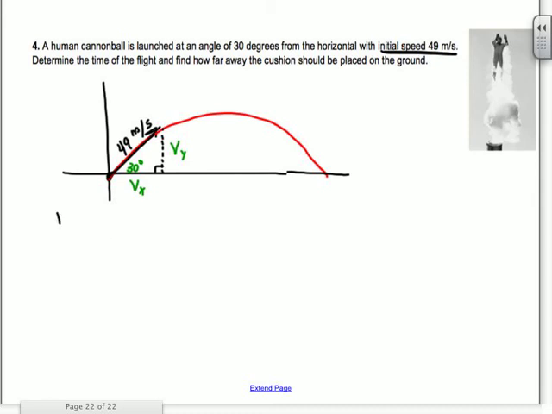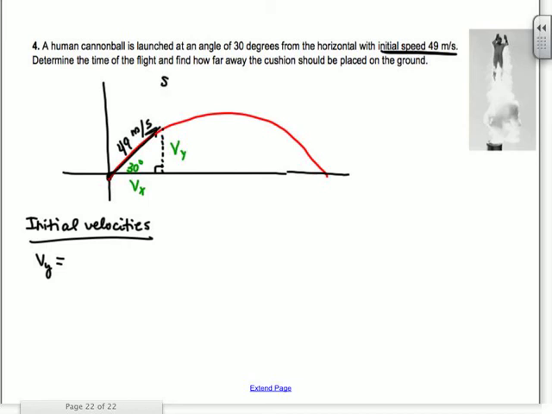Okay, so let's say initial velocities. Vy, think about it. If I'm solving for Vy, you have 30 degrees and you have 49. You have a right triangle. Use your SOHCAHTOA. How do you set up an equation with Vy?